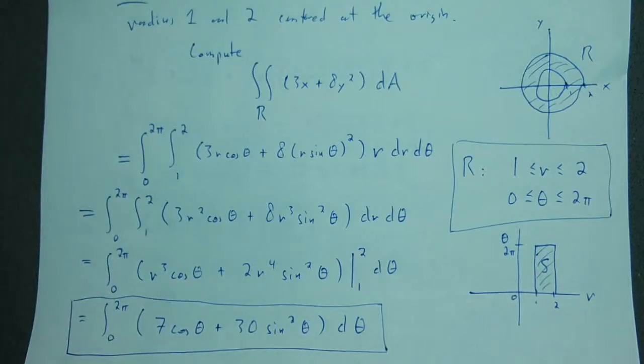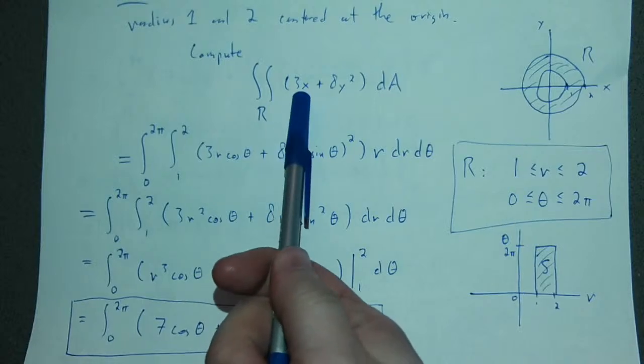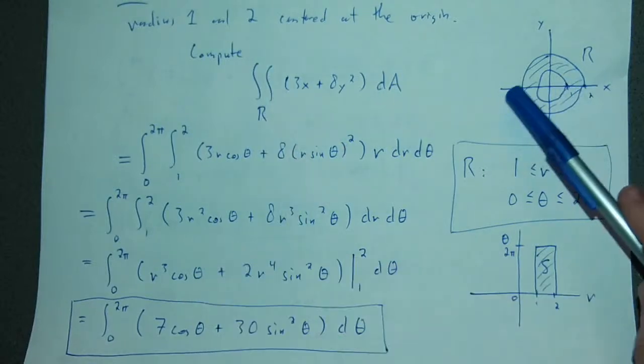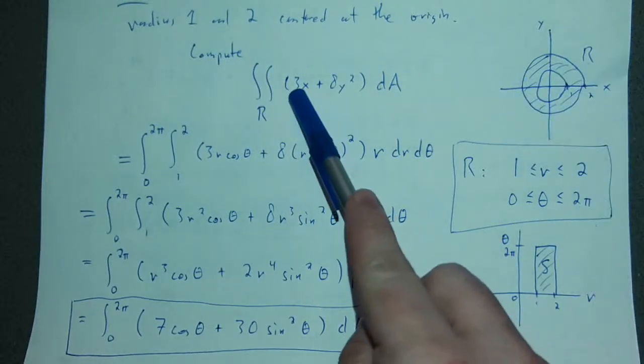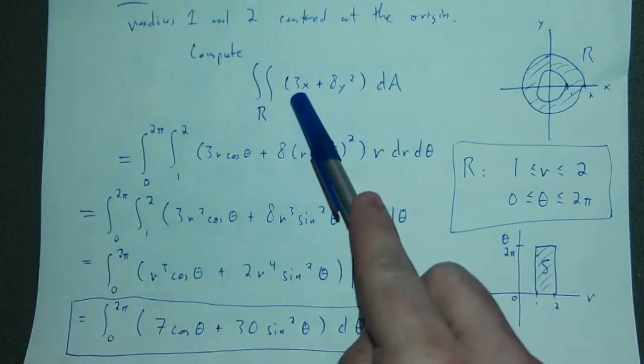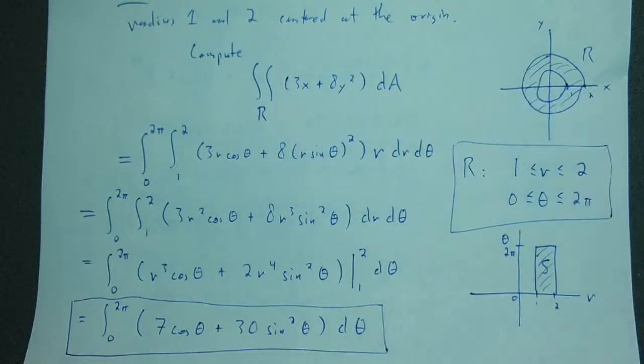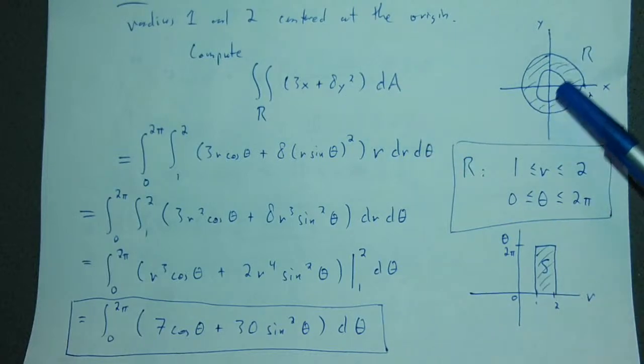Well, not entirely, right? Not completely. How so? Well, it matters whether or not x is to the left or to the right. There's a difference in this integrand whether x is positive or negative. But there is not a difference between whether y is positive or negative.